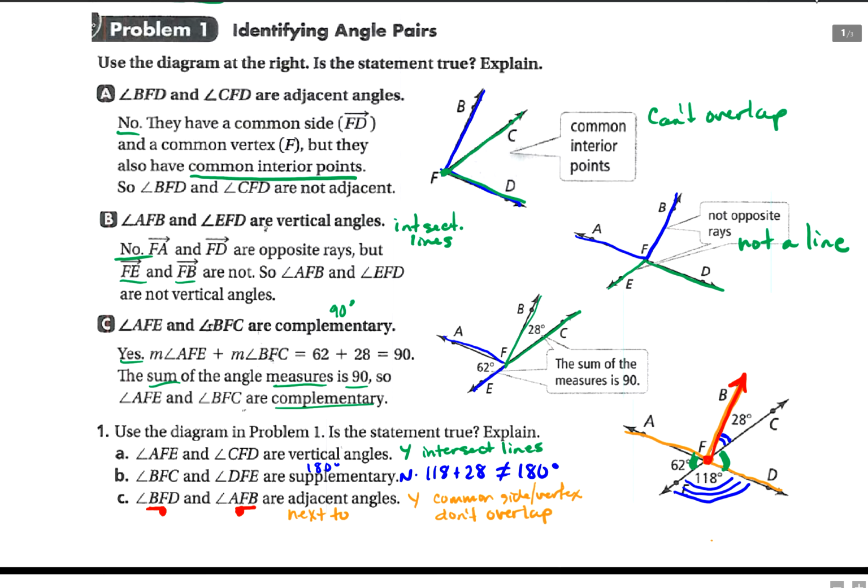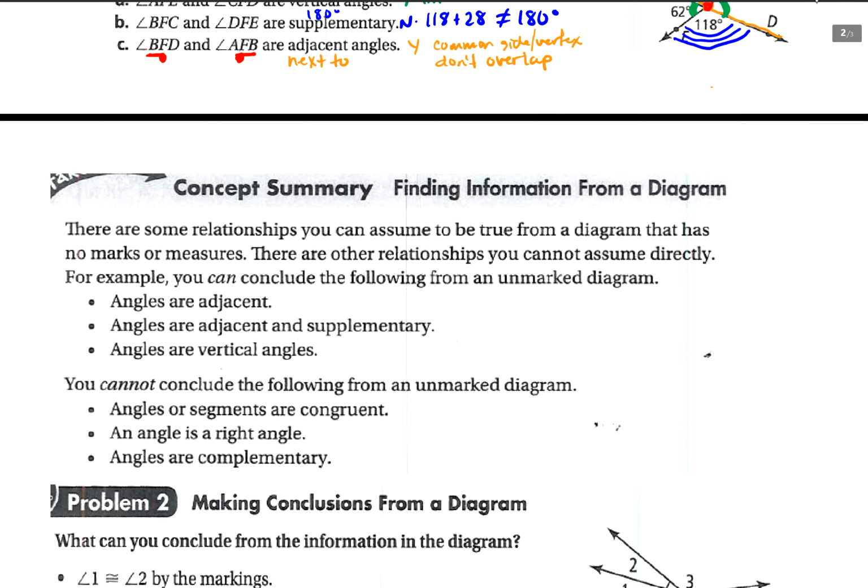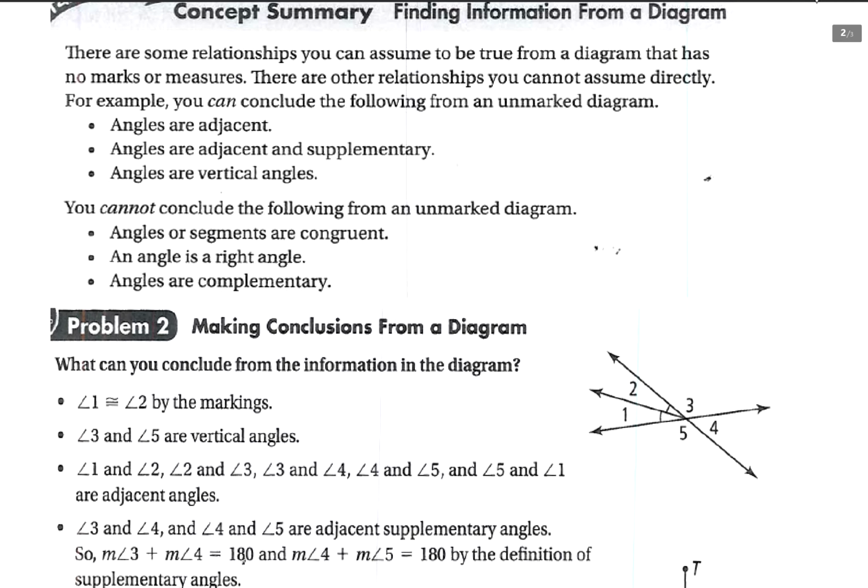So the names are very important and can tell you quite a bit. As you look at your diagrams and think about the naming of these, you'll learn to see that. All right, let's go on. Oh, good stuff here. Good stuff.